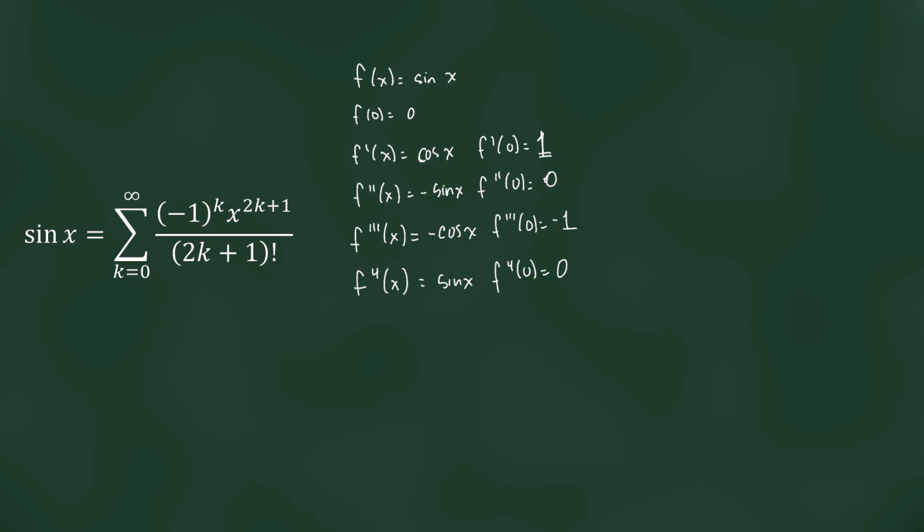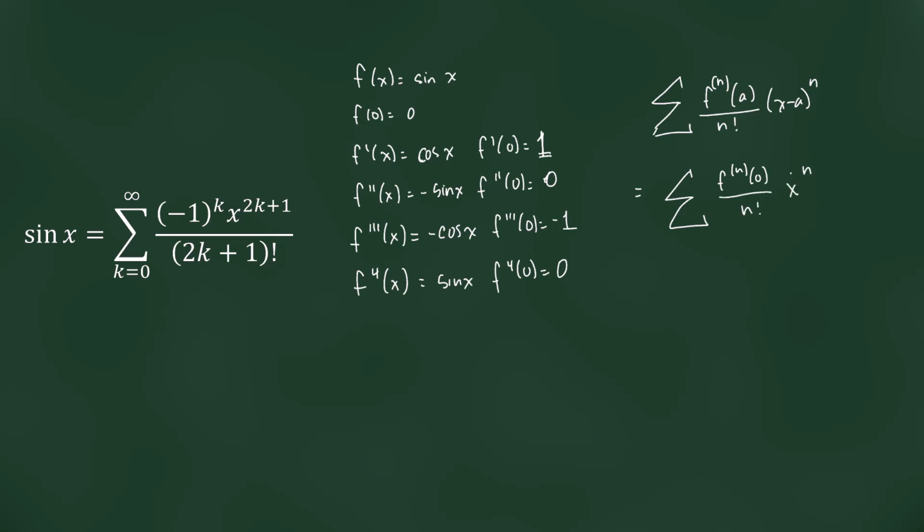So when we write our Taylor polynomial, we know that in general that is going to be the nth derivative at our center a over n factorial times x minus a to the n. So if we start filling in what we know, we're going to have f to the n of 0 over n factorial times x to the n.